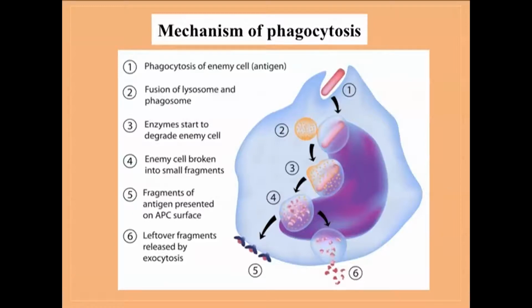Then it fuses with a lysosome. Lysosomes are full of different enzymes, and those enzymes act on the organism. Finally, it is destroyed. Some parts are small peptides that conjugate with MHC molecules and are presented on the surface, and the rest of the degraded parts are released from the cell.